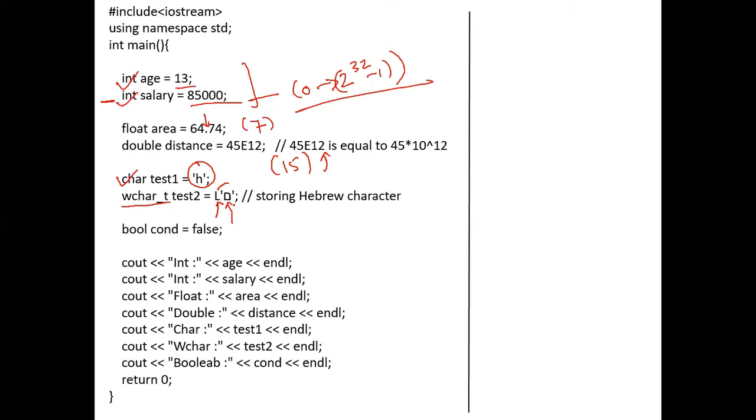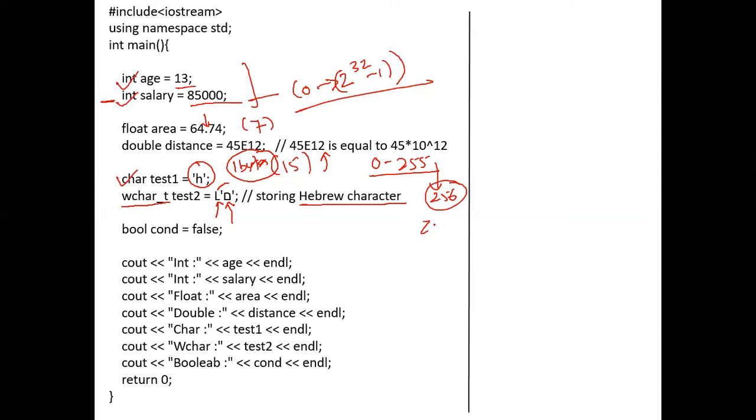This is a symbol we don't know. This is the Hebrew language. We are going to use a Hebrew character, so we cannot store it in the simple character because it's just 1 byte long, and in 1 byte the ASCII values we can store are very limited. We have only the 0 to 255 range, only 256 different values we can store.